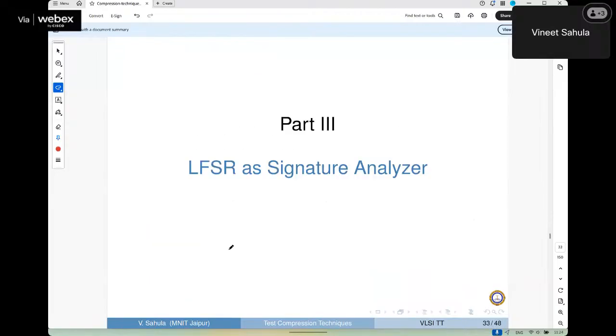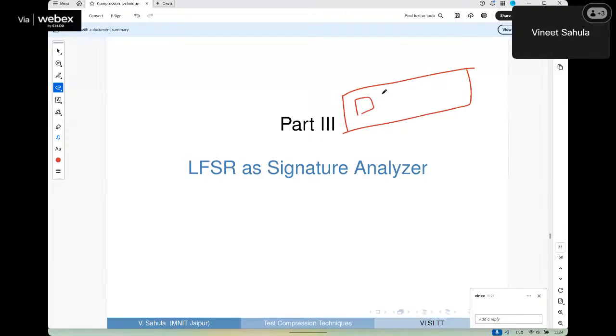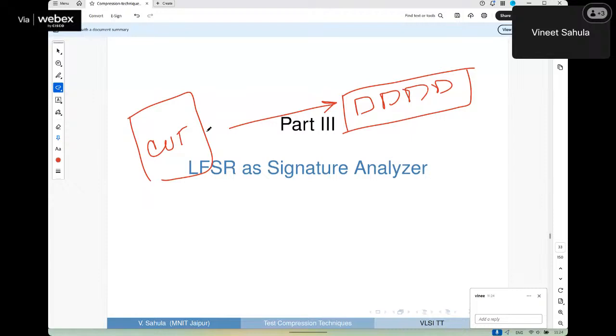Fine. Just the last one, signal analyzer, maybe 5 minutes if I have, I don't know. Signal analyzer means compaction. So what I can do is take an LFSR and feed some input in serial fashion. You have a circuit under test, and you are getting some 1-bit serial output.